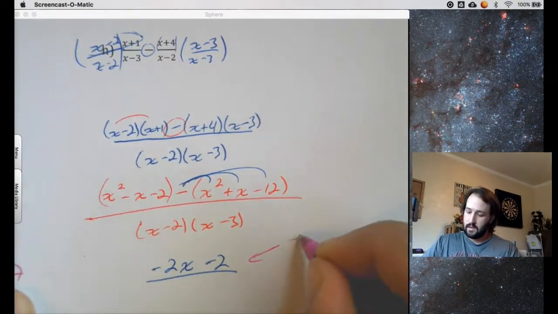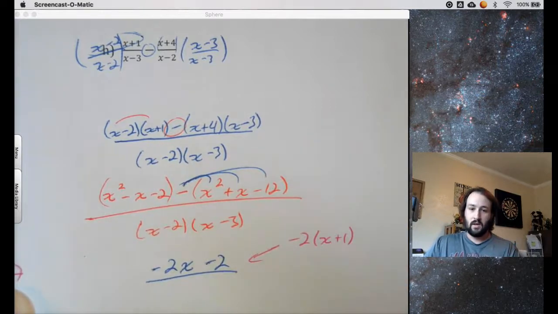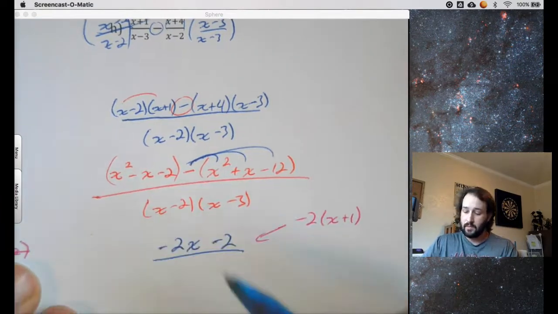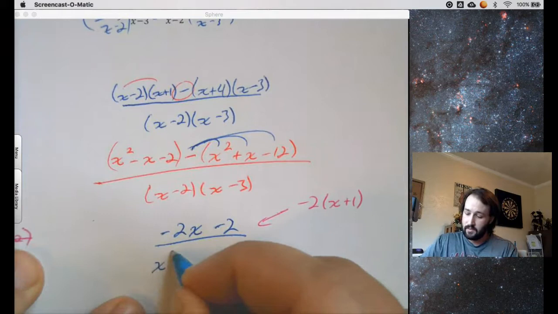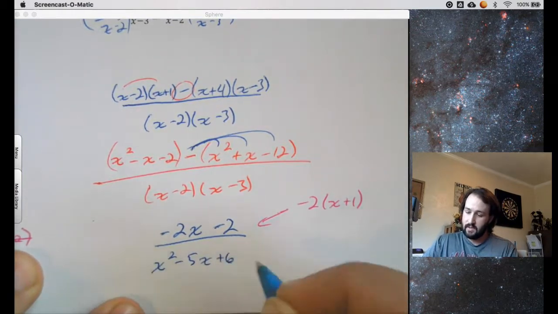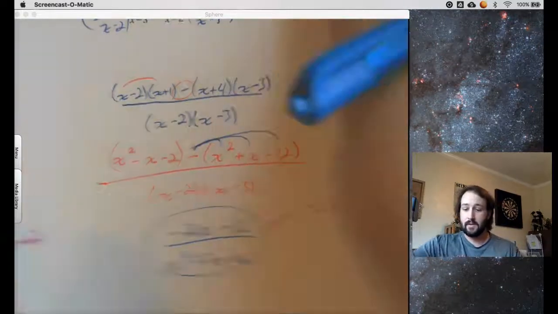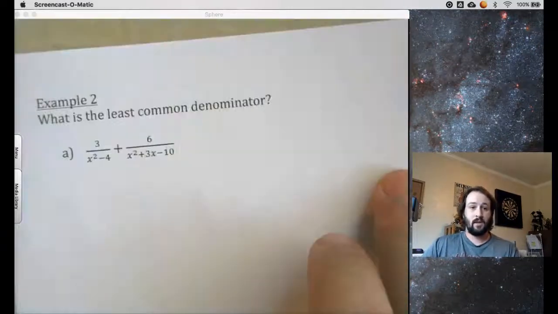That could be negative 2 times x plus 1. But since I don't have an x plus 1 in my denominator, I'm just going to leave the top the same. And then I'm going to multiply out the denominator to get x squared minus 5x plus 6. That'll probably be the simplified version you see in Apex.